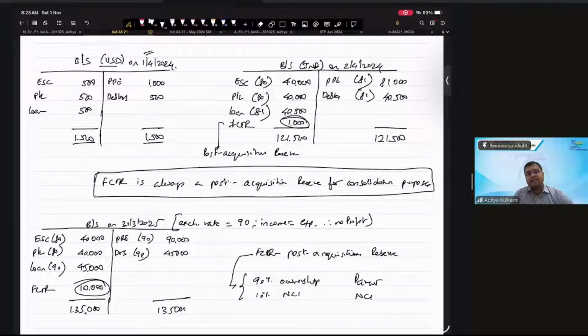Because this is the translation that has come on a foreign subsidiary, and that foreign subsidiary is owned as 90% by the parent and 10% by the non-controlling interest shareholder, and therefore the FCTR relating to that also will go to the non-controlling shareholder. Are you able to follow? All right.